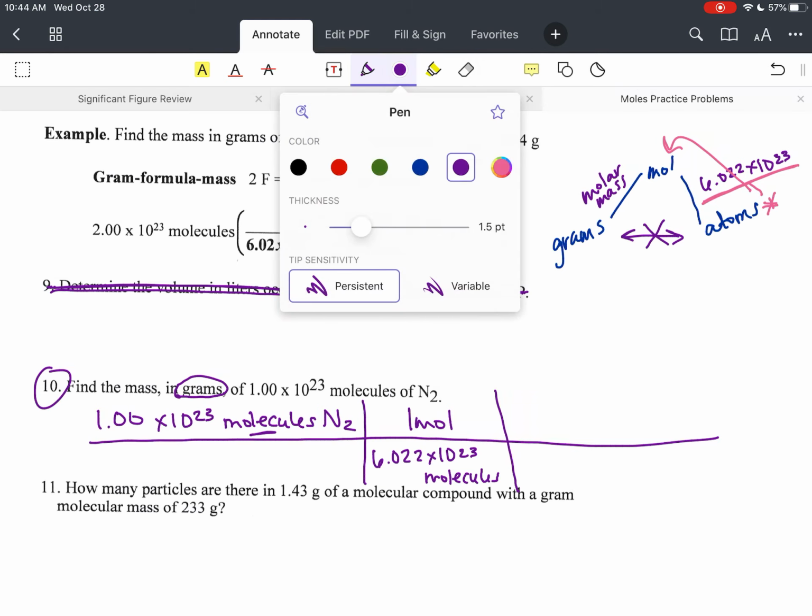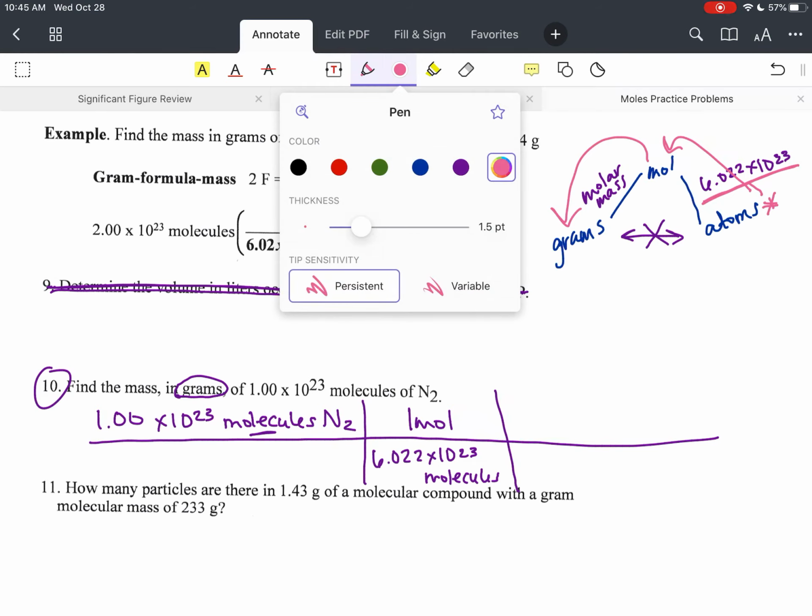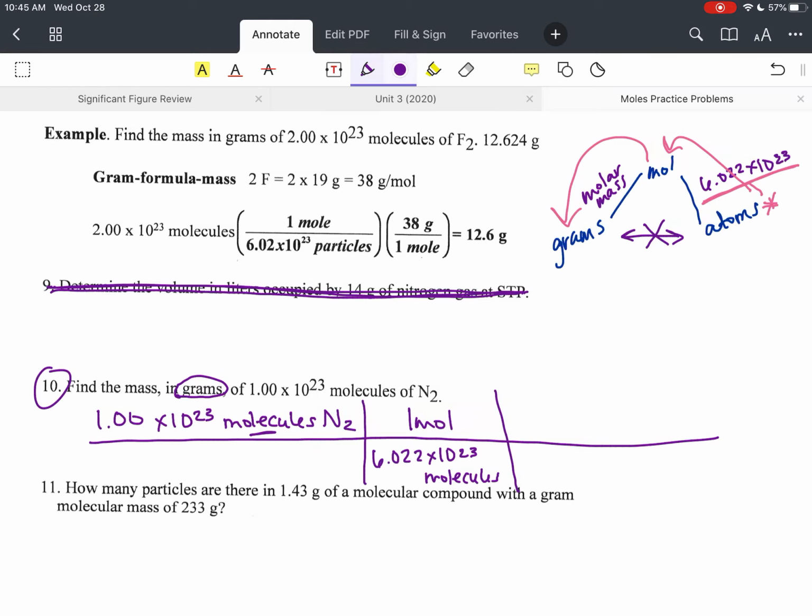Okay, so now that I'm in moles, now I can come over here and go to grams. Remember, I'm going to use my molar mass. So I know that mole's up here, so I'm going to have mole on the bottom, so they cancel out, right? My molecules I've canceled, and that means grams is going to be on top.